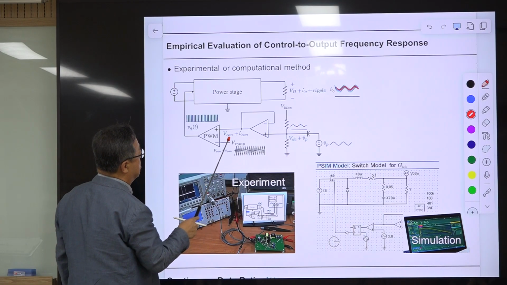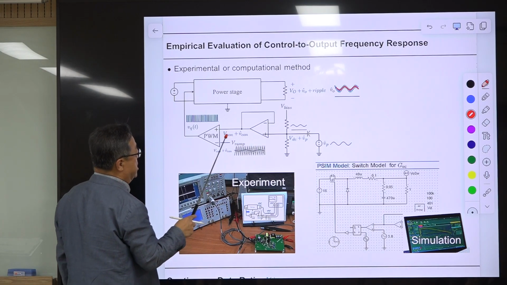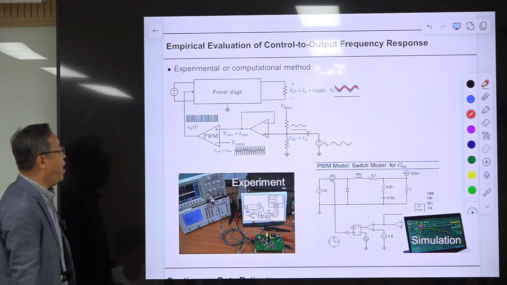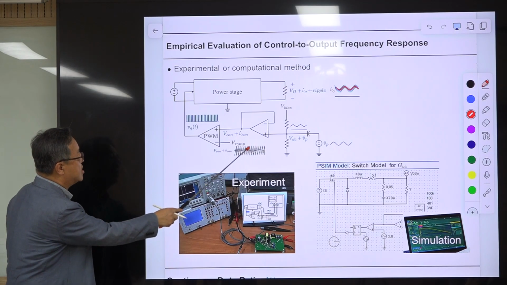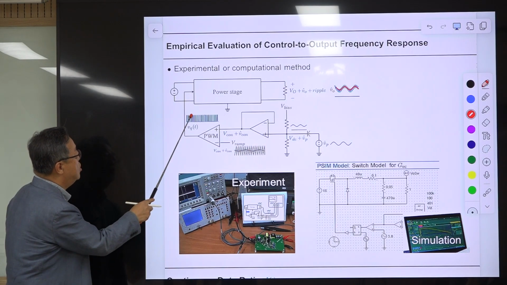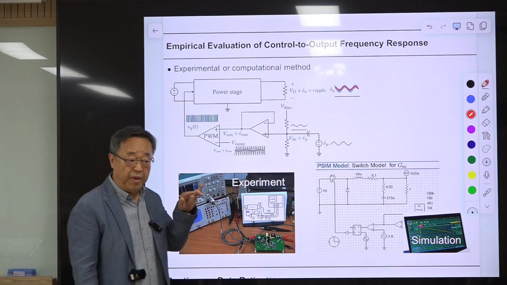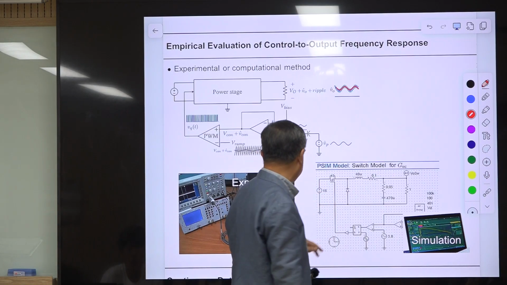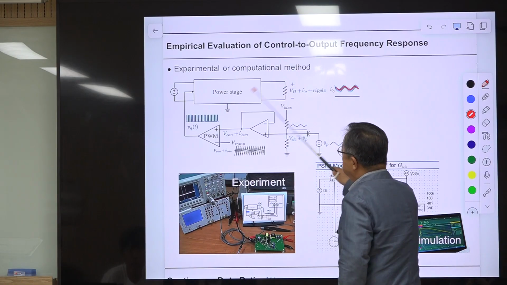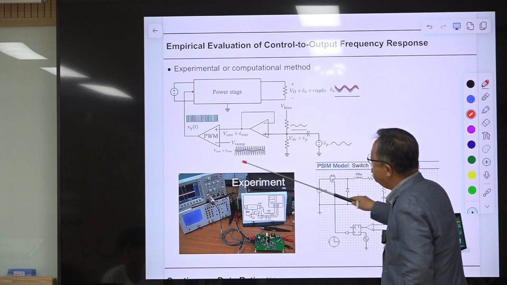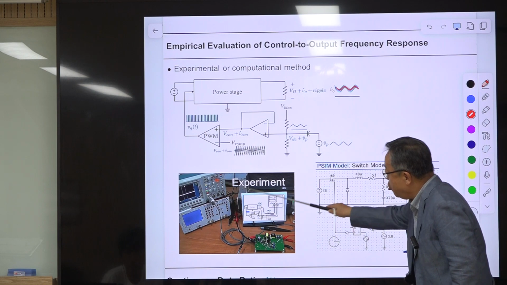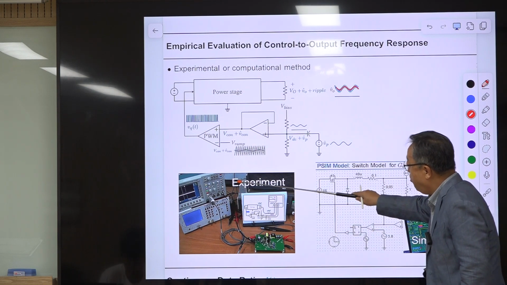V-con is the DC component plus the AC component, and that composite control signal is compared with this fixed ramp signal, and the VQ is generated here. This is the pulse width modulated switch drive signal. With this setup you can use this instrument for the experiment or measurement.